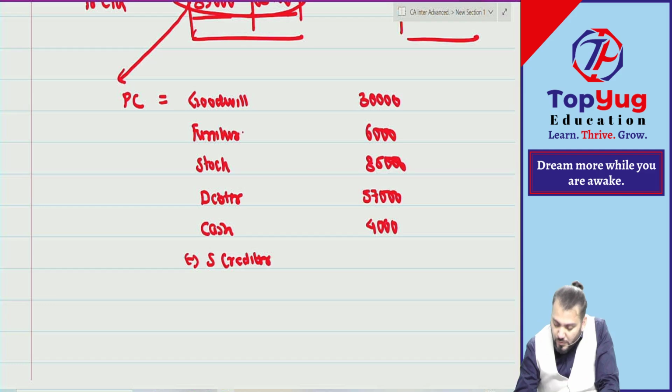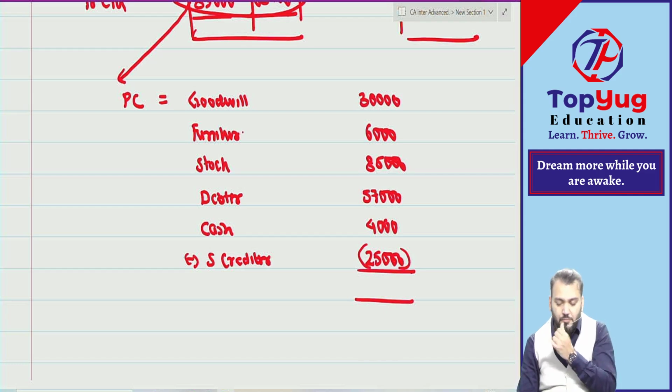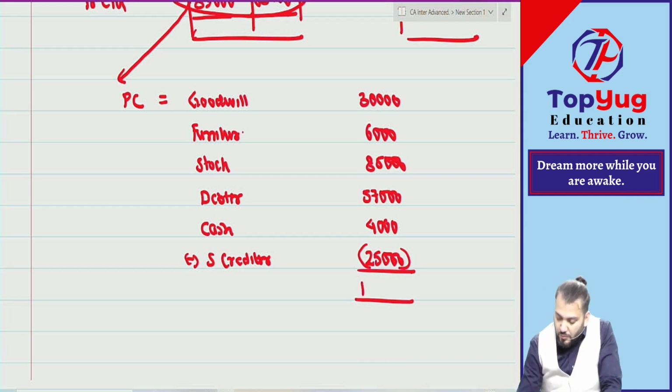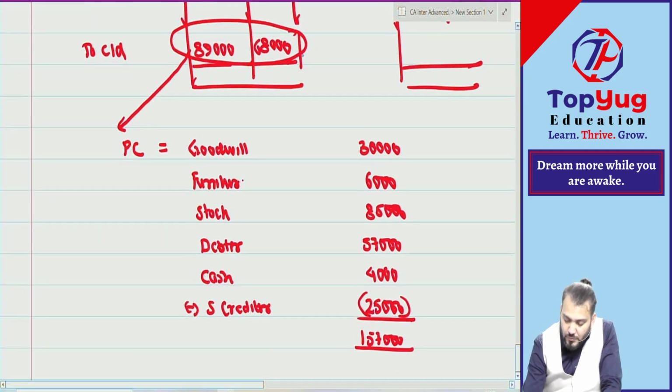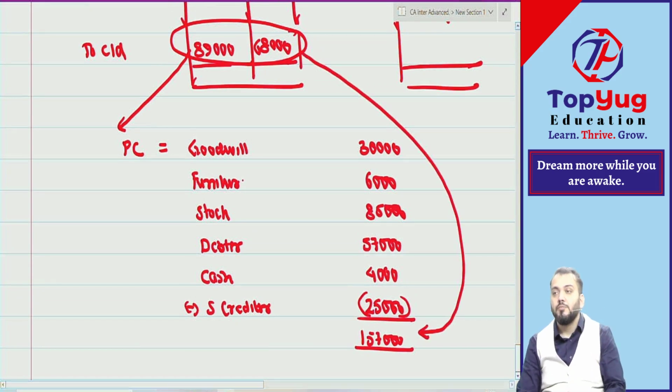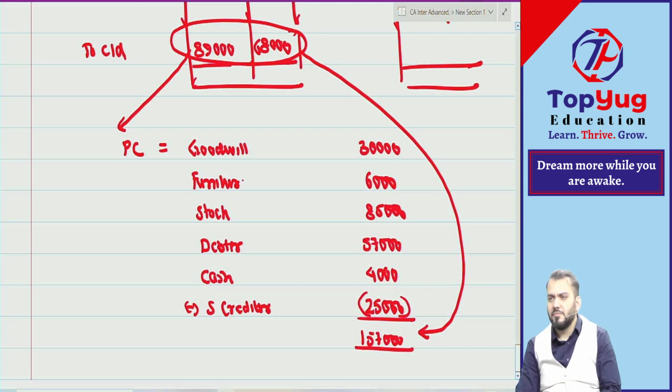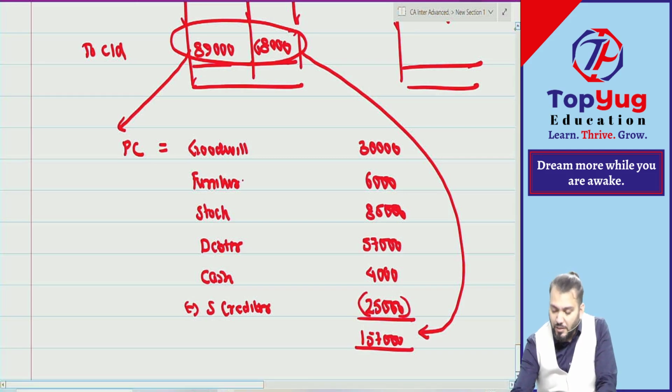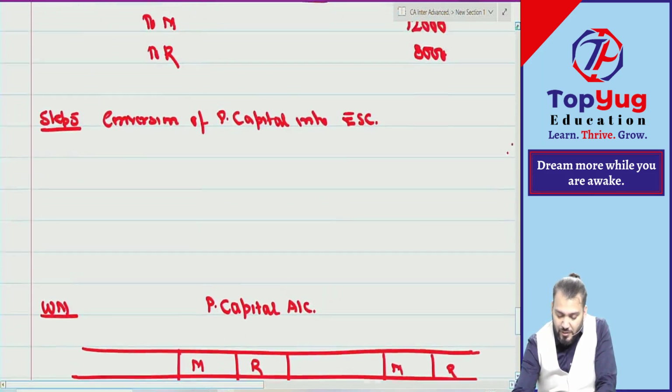Now see what the amount is coming. 1 lakh. And what was the total capital? It matches, so we are doing correct. Understood? Let us pass the journal entry.